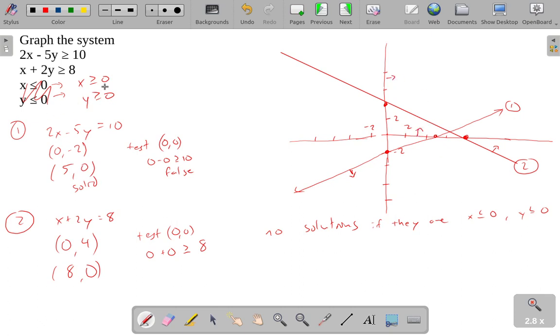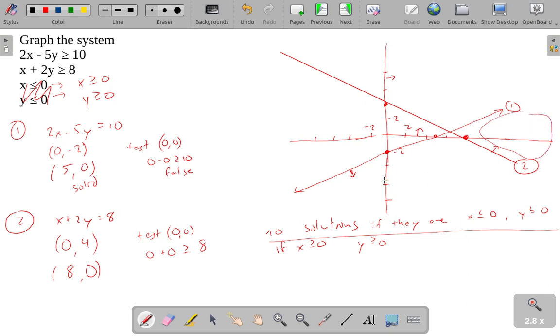It's actually quite common that we see these problems when it's x is greater than or equal to 0 and y is greater than or equal to 0, because what that does is restrict us to the first quadrant. And if it's this way, then we end up getting, let's see, lines 1 and 2, we already knew that it was this region.